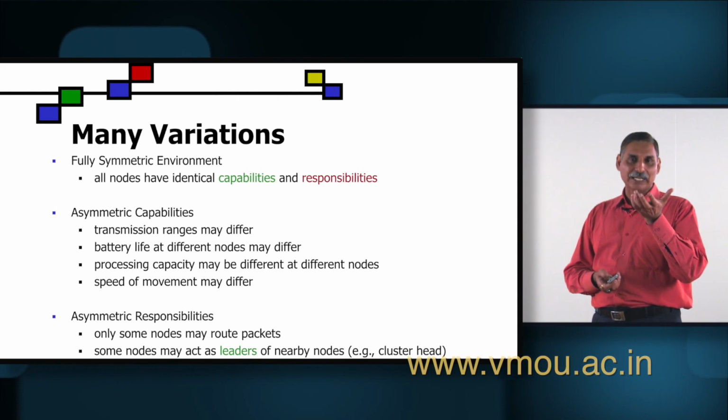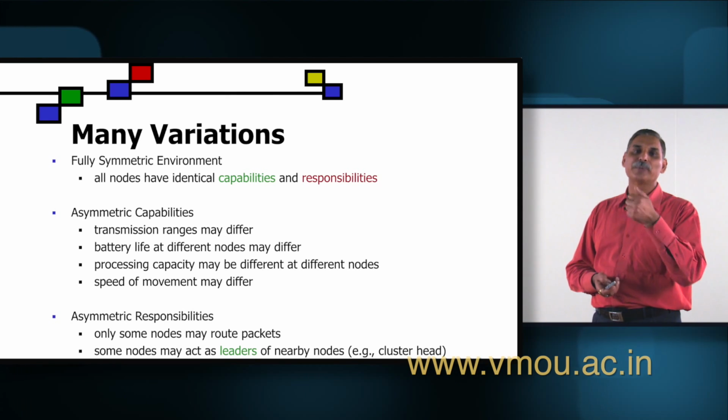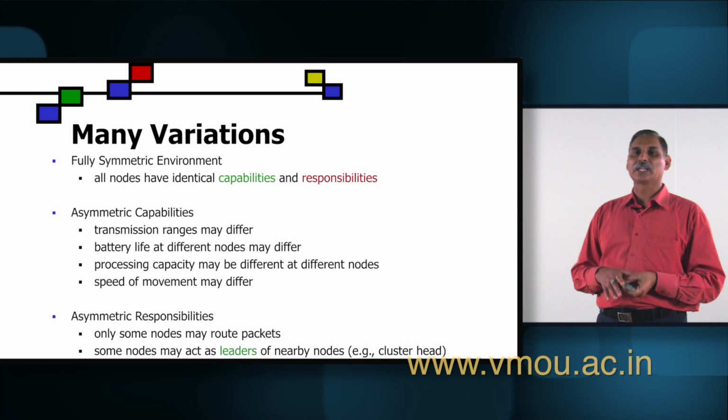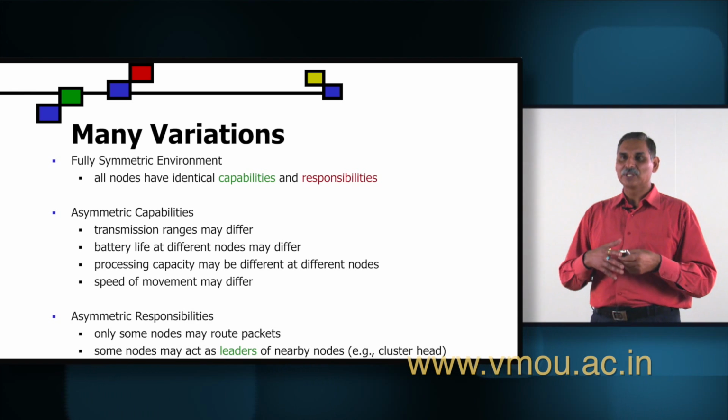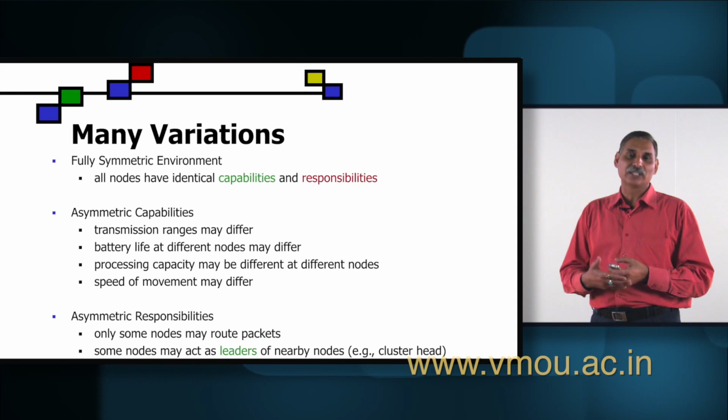In the symmetric environment, everybody has a similar device, similar capability, and the speed of movement will also be the same. But in asymmetric, everything could be different; everybody has its own capability, which not necessarily will match the other devices.